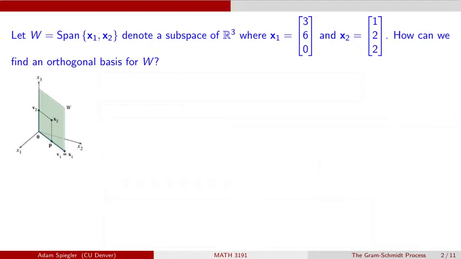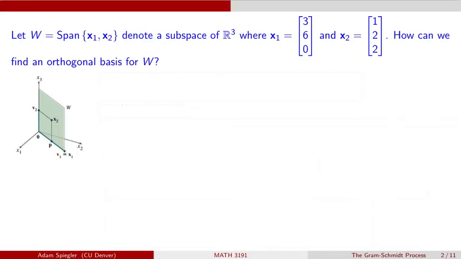And we've seen why orthogonal bases are particularly nice. So let's think about how I could find an orthogonal basis for this subspace W. And so the picture that we have over here on the left is, here is the vector x1, which was 3, 6, 0. So we're going 3 units in the x1 direction, 6 units in the x2 direction, and no units in the x3 direction.